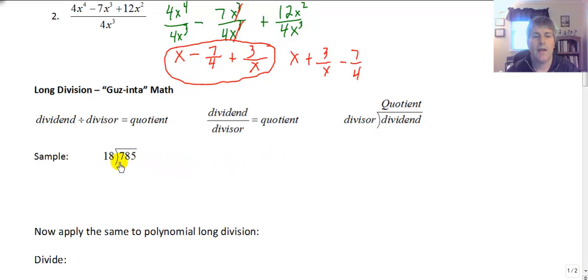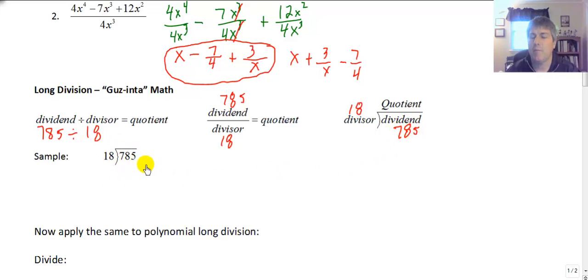So here we have 785 divided by 18. So that would be 785 divided by 18, or as a fraction, 785 over 18. And sure enough, our divisor is 18, our dividend is 785.